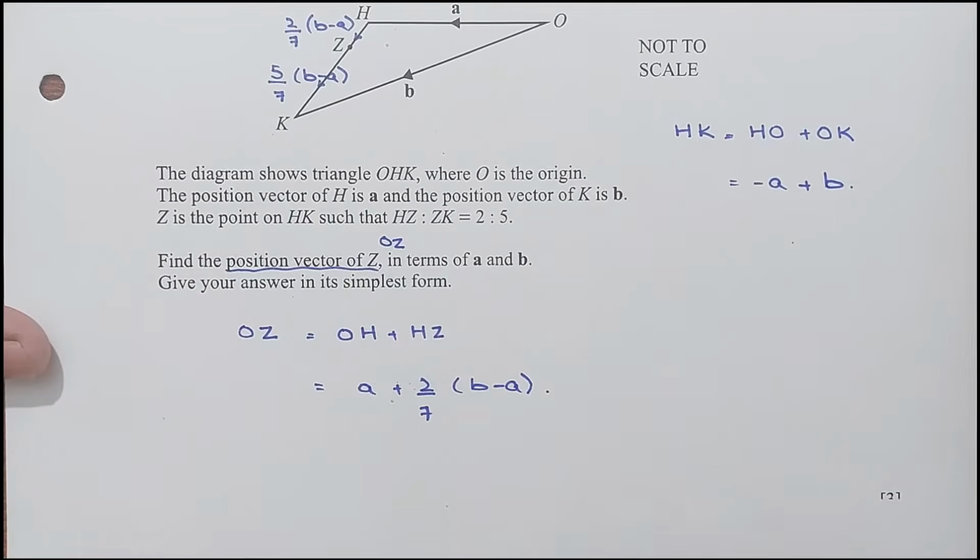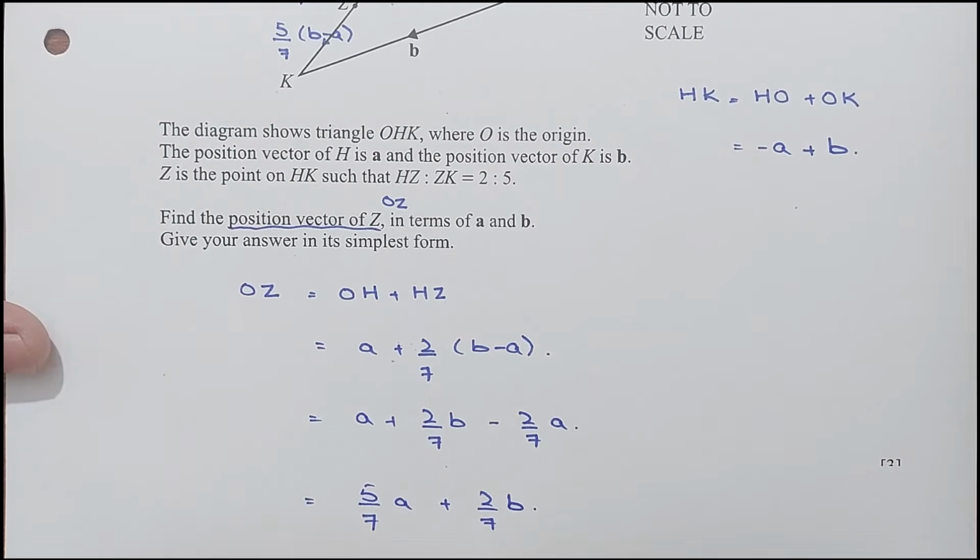So this is a plus 2 by 7 b minus 2 by 7 of a. So 7 times 1 is 7 and 7 minus 2 is 5. 5 by 7 a and 2 by 7 b. This is the position vector of Z in terms of a and b.